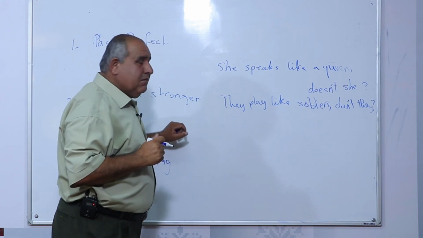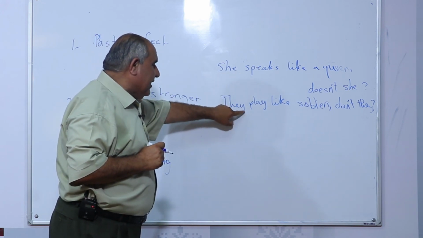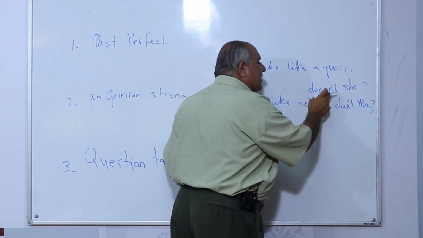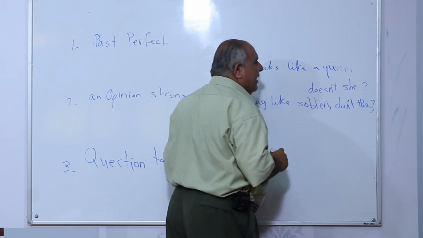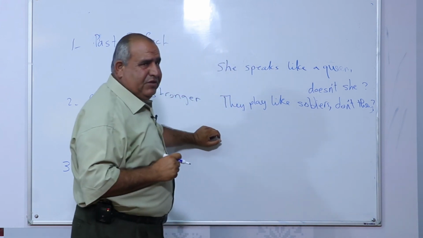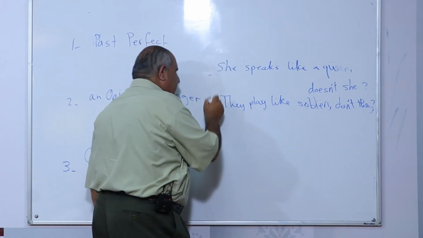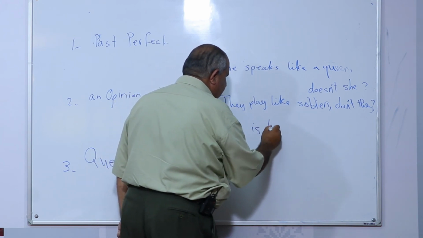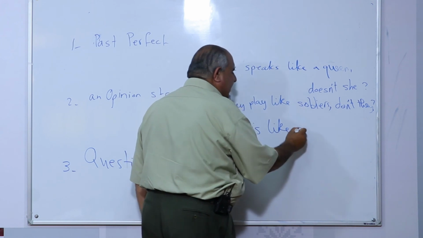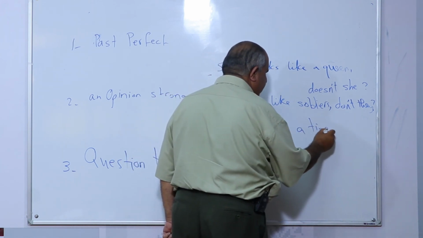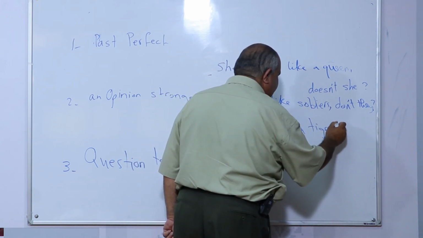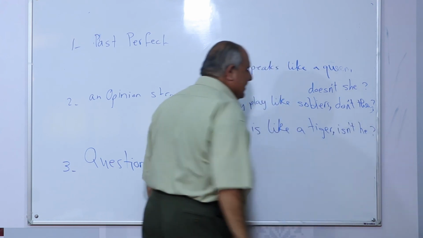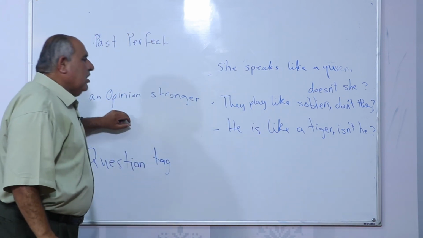Take into consideration that if the sentence is positive, affirmative, then the auxiliary must be negative, followed by the subject pronoun. A third example. He is like a tiger, isn't he? Now this process is called making a question tag.